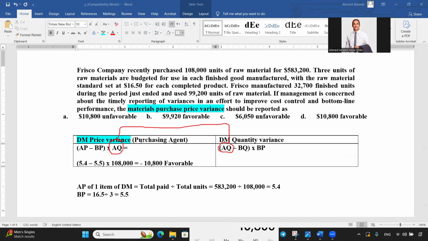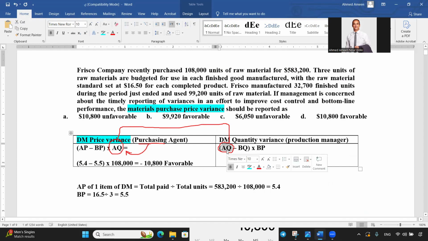The purchasing agent will be asked for the actual quantity he bought, while the production manager, this equation will be used to evaluate the production manager, will be asked for the actual quantity he used.